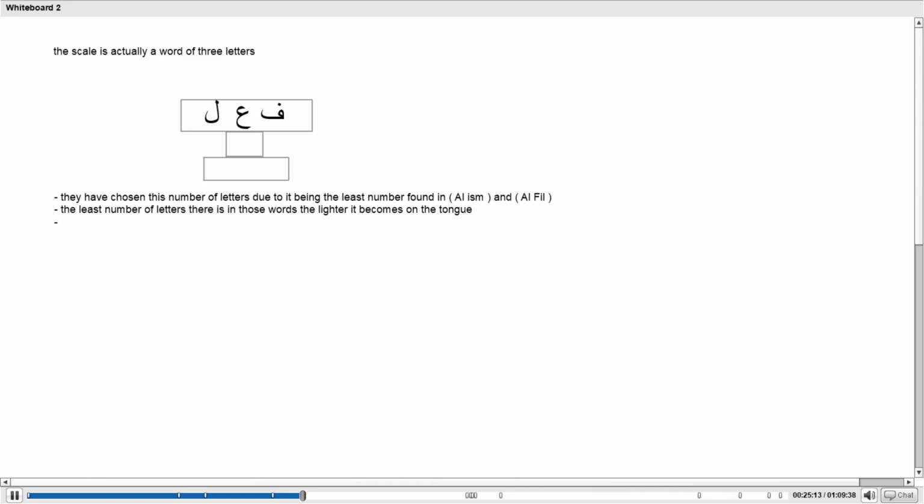Is that clear? You might still say, I still don't get your point. The point is coming now. It says, the lighter the word is, the more it is used by the Arabs.